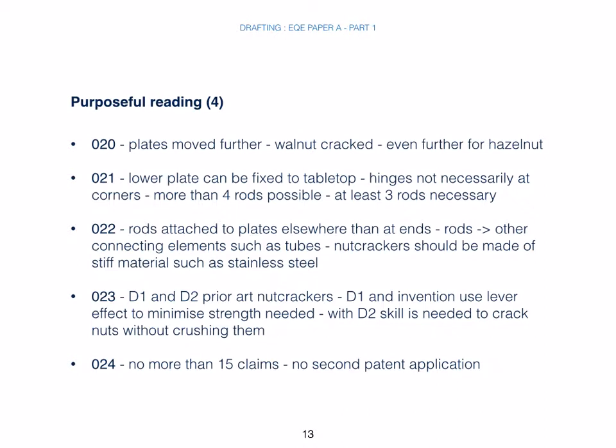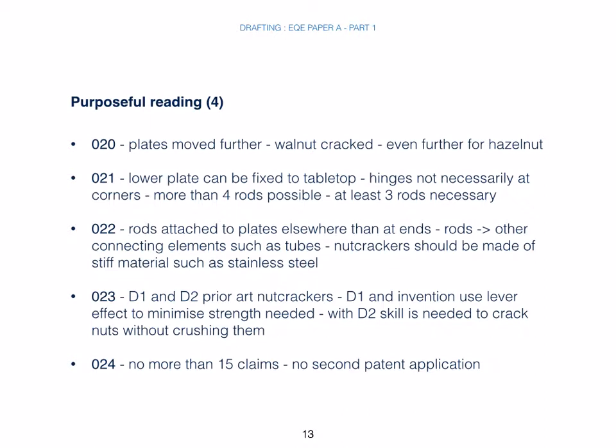When I tried to reduce the number of rods below 4, I realized that the nut tended to jump out of the nutcracker before being cracked. I found that at least 3 rods are necessary. For example, in the nutcracker of figure 7, the rods 3 and 6 could be replaced by a single rod.